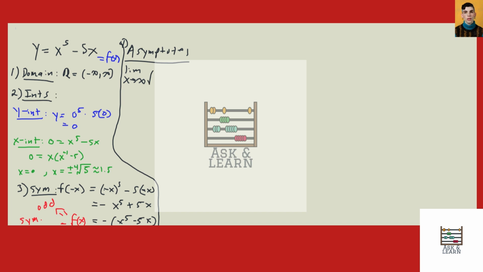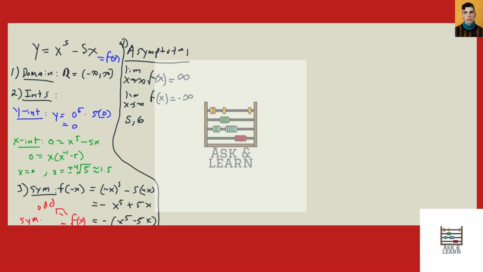So as x goes to infinity, well, this is an odd degree polynomial with a positive coefficient, so we know this should go to infinity. And it should have the opposite end behavior for negative infinity. So it would go to negative infinity as x goes to negative infinity.